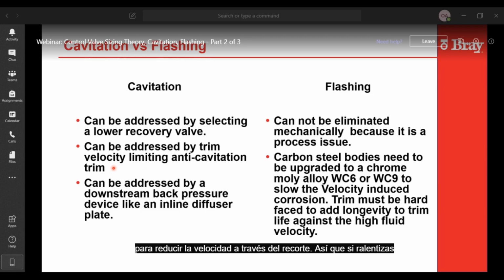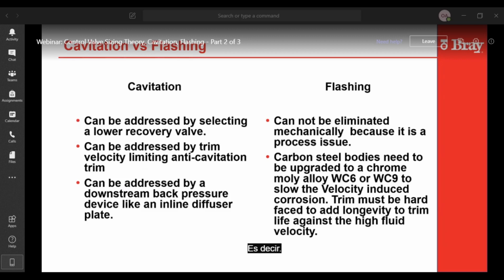If you slow the velocity through the trim, then you don't get as big a spike down in the pressure at the vena contracta. So that's the purpose of the drill hole cages or multi-turn trims. That's limiting the velocity of the fluid going through the trim.